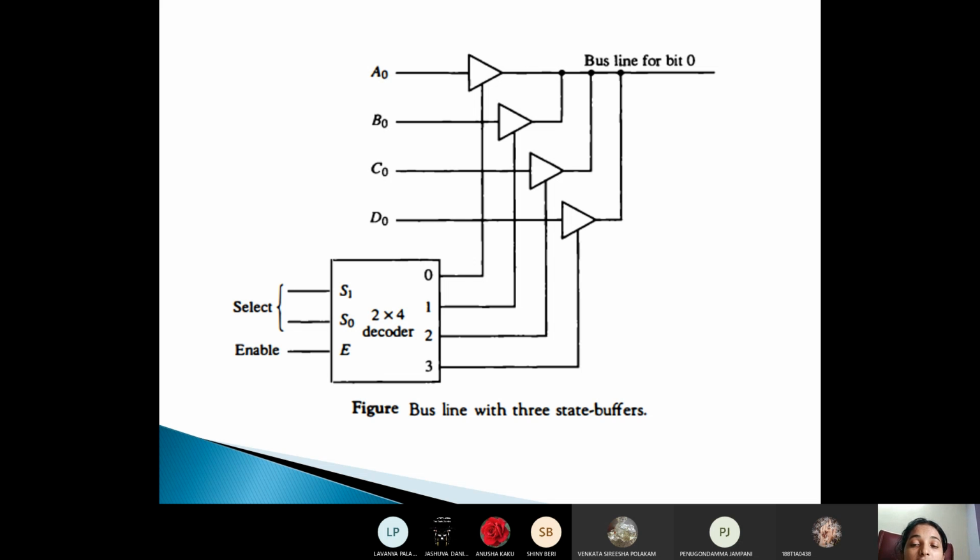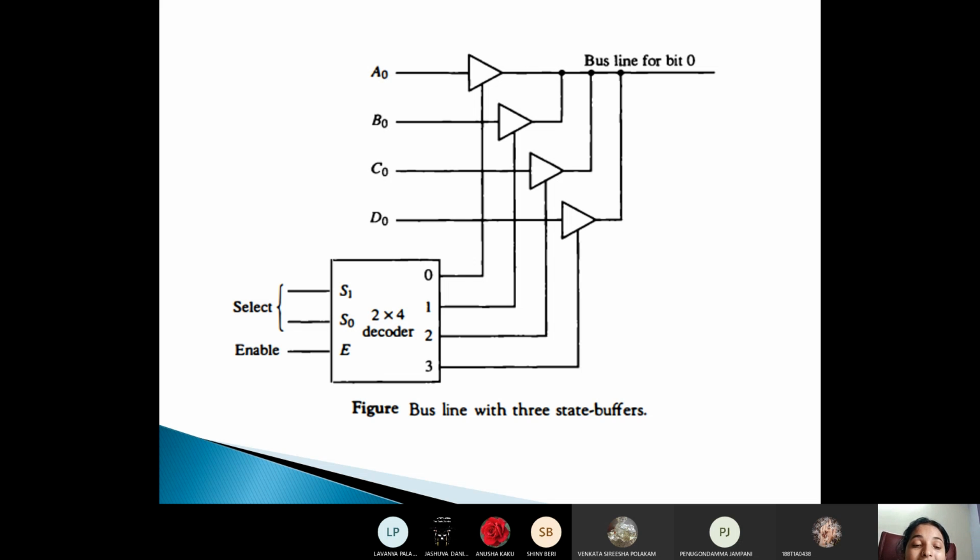The high impedance state of the three-state gate provides a special feature not available in the other gates.